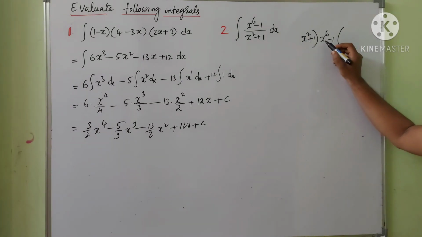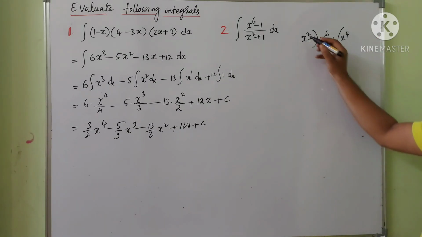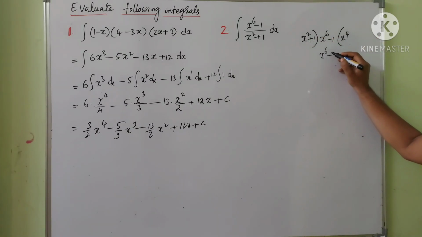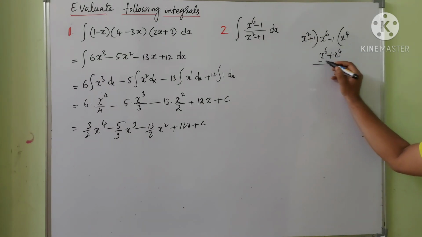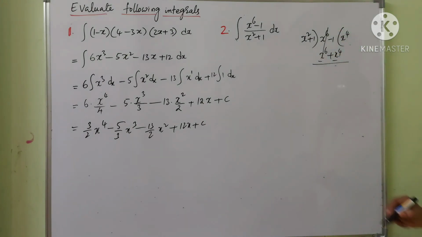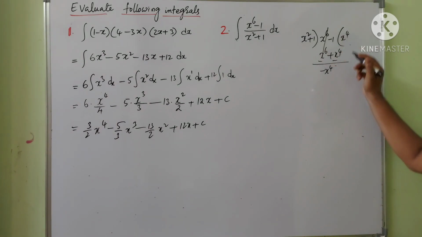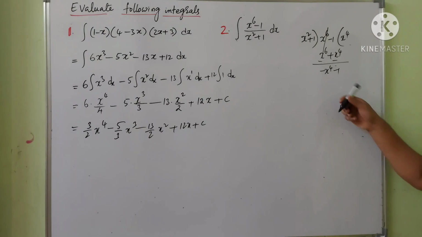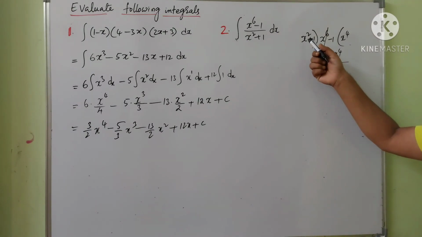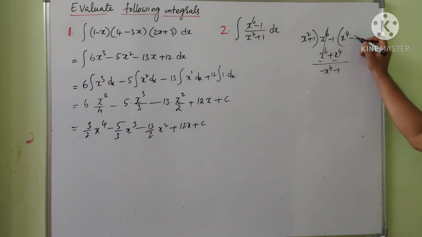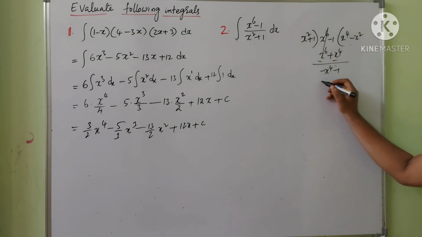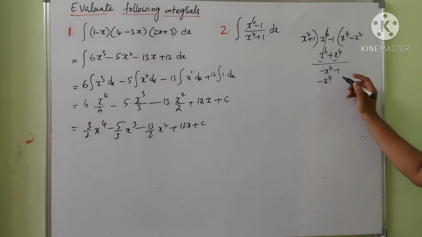How to divide? This is x power 6, so multiply with x power 4. You will get x power 6 plus x power 4. Now do the subtraction. These get cancelled. You will get minus x power 4 minus 1. Here minus x power 4 is there. To get minus x power 4, you must multiply with minus x square. You will get minus x power 4 minus x square.